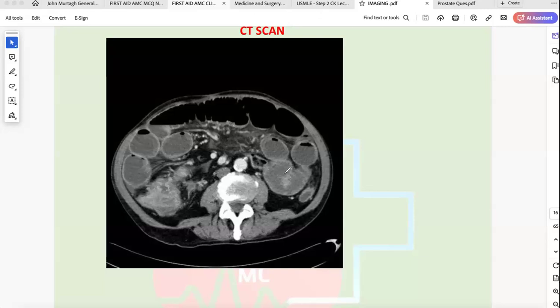So then what you see is, in a normal CT, the loops of bowel are not separate like this. In here, you can see the loops of bowel are all kind of small and ball shaped, right? And that is what you get in adhesional intestinal obstruction, which is mainly a small bowel obstruction.